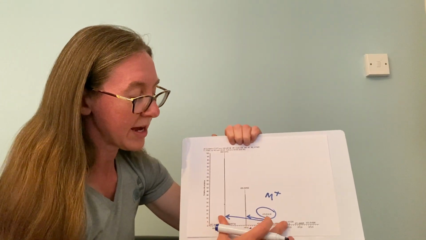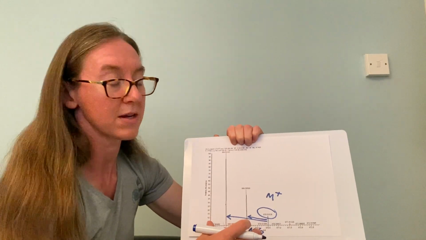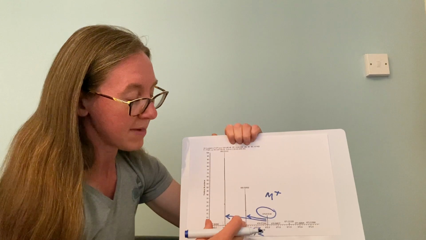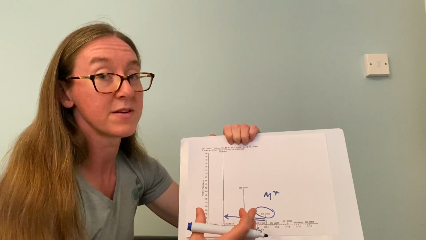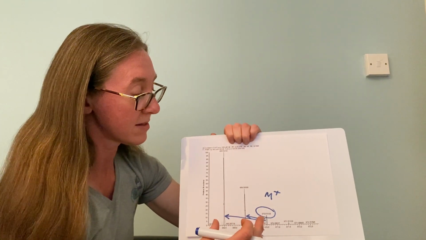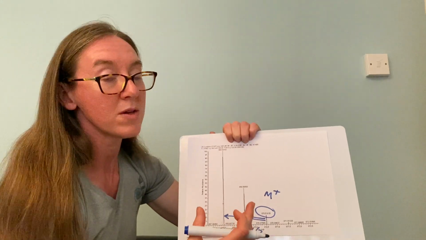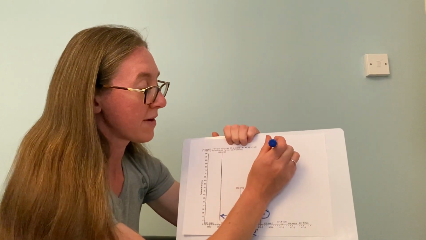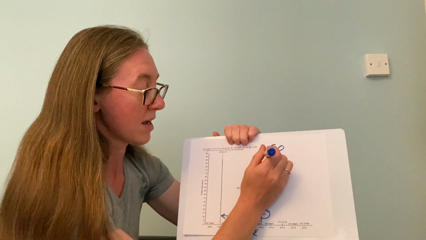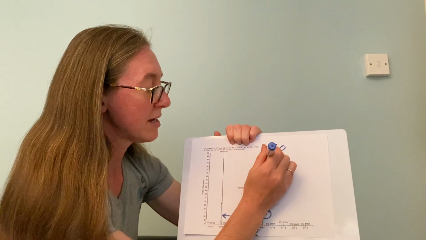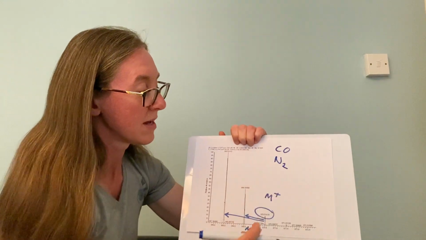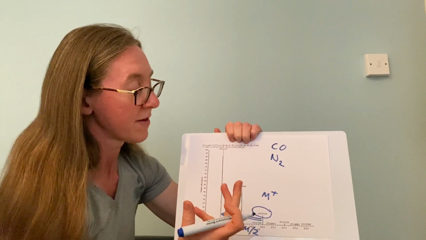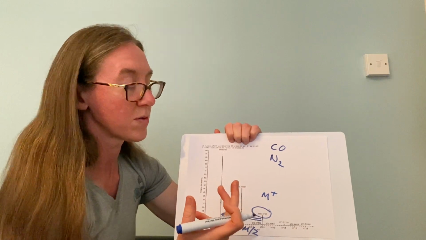So when you have a high resolution mass spectrometry machine, you can work out the masses to 4 or 5 decimal places. And so molecules which would have the same whole number Mr, so for example, in low resolution, to the nearest whole number, carbon monoxide and nitrogen, N2, both have a molecular weight of 28.